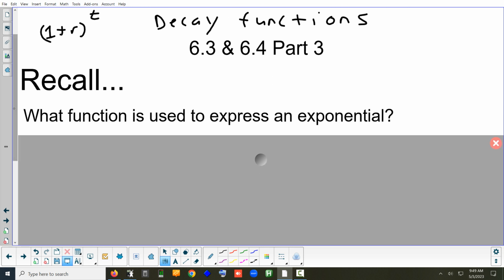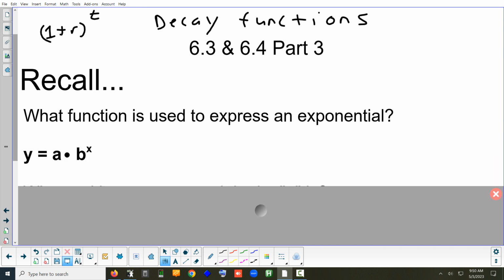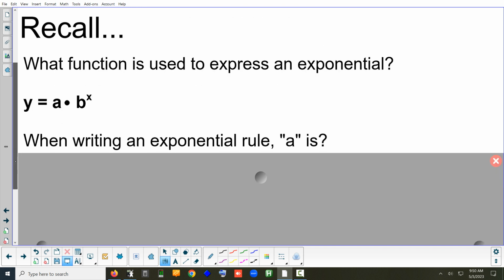Okay, so just a reminder one more time, what's the formula that we use in general when we're writing an exponential function? It's that main one that we've been using all week. Yep, y equals a times b to the power of x.